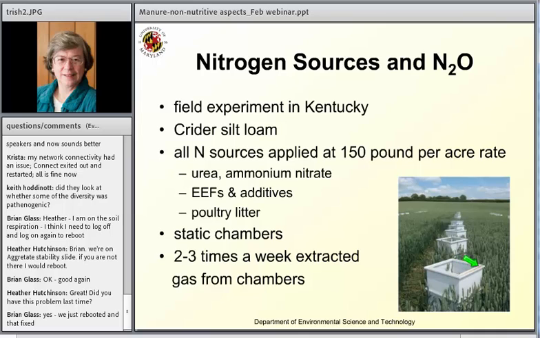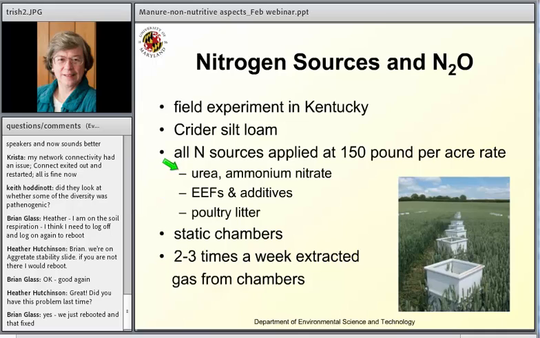Your cover has a rubber septum in it that allows you to extract a sample of the gas after you've allowed your system to close up for an hour or two, however long your experimental protocol calls for, so that you can get the buildup of gases underneath.